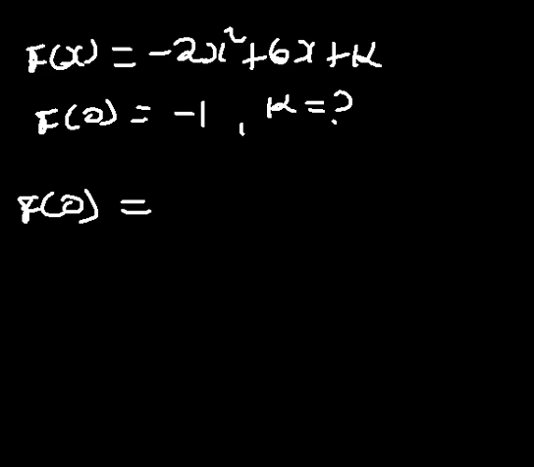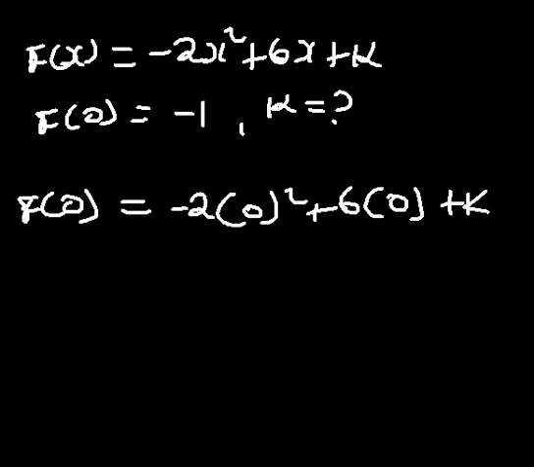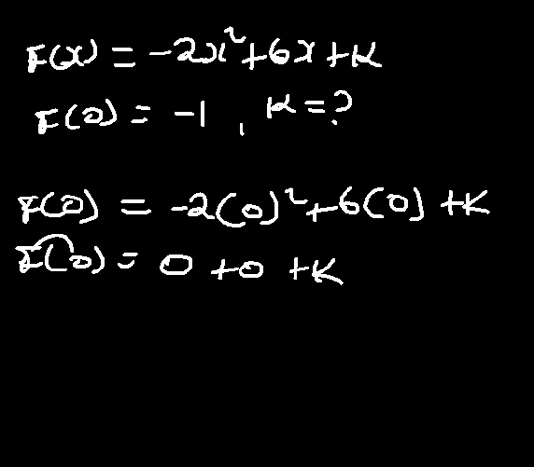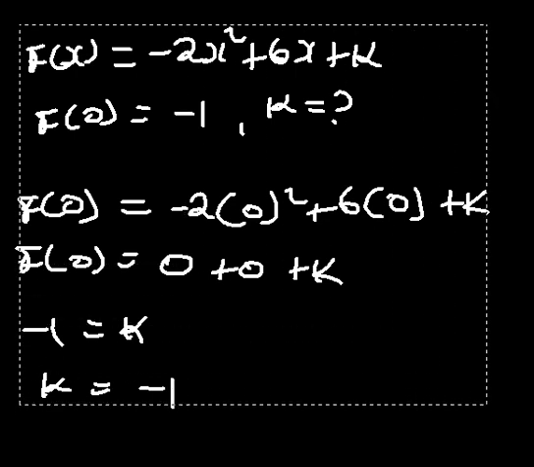So we'll have negative 2 times 0 to the power 2 plus 6 times 0 plus k, which means f of 0 is equal to 0 plus 0 plus k. But what is f of 0? We have it as negative 1, which means negative 1 is equal to k. So k is given as negative 1. And let's say we also have this case.